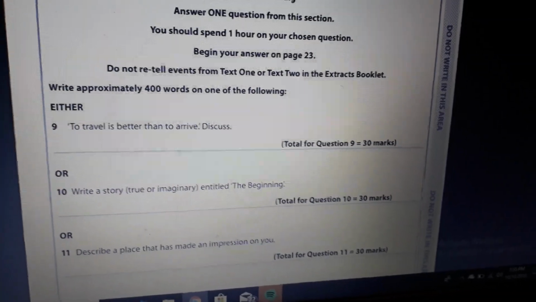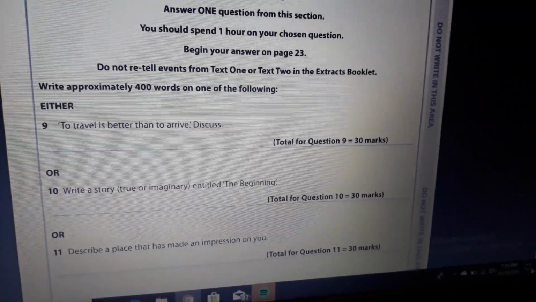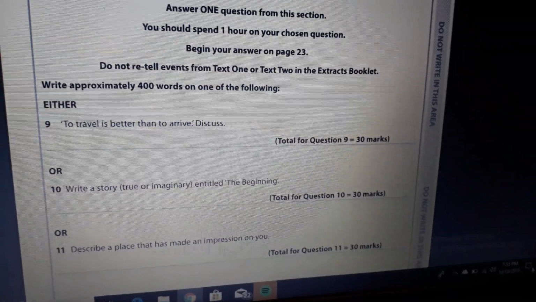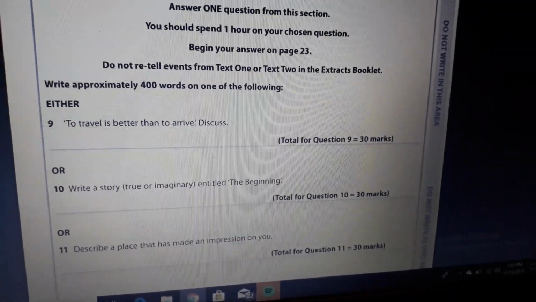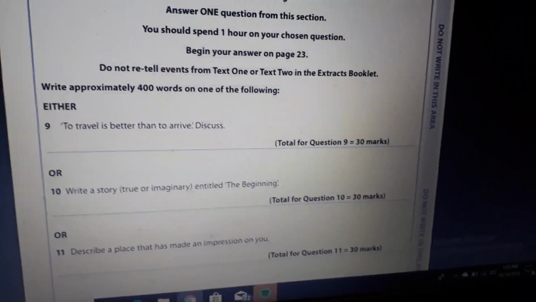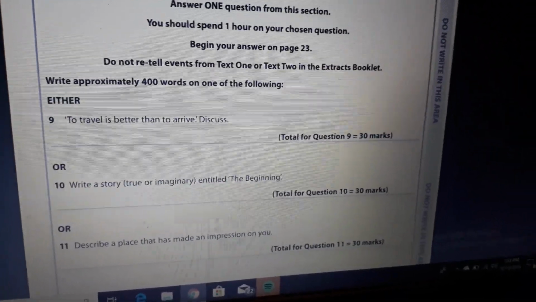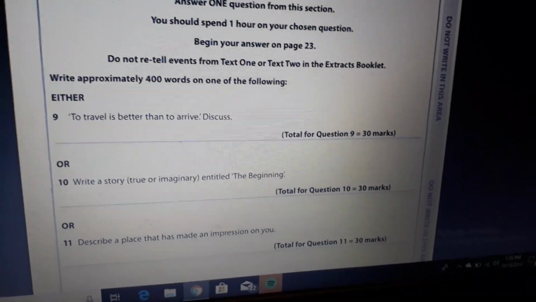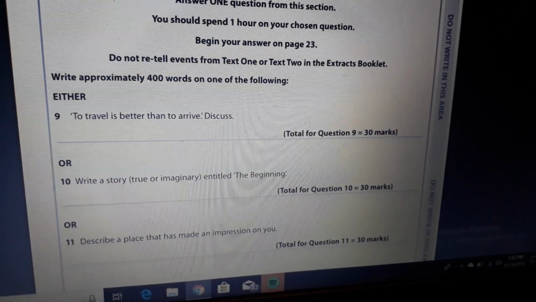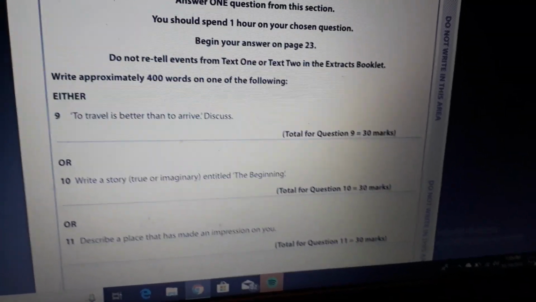Here travel is the theme. But they ask you clearly in bold-faced type, do not retell events from text 1 or text 2 in the extracts booklet. So if you write on topic 1, you have to come up with your own story and own ideas, not the ones in the text. You have to be very careful. Some students are not and they suffer.